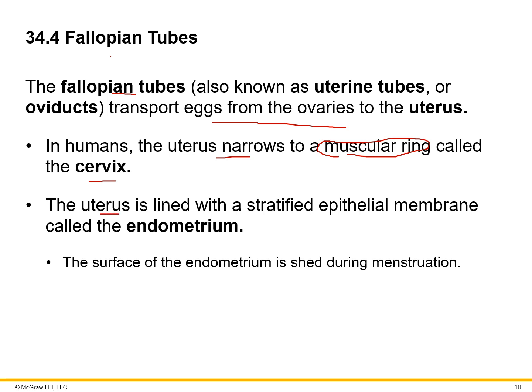Also, the uterus is lined with stratified epithelial membrane called the endometrium. Individuals with endometriosis have an inflammation or infection that can occur in that lining of the uterus. During menstruation, that outer layer gets shed, and that's what leads to the bleeding that occurs during the menstrual cycle.